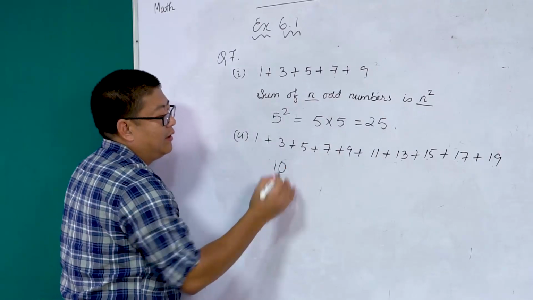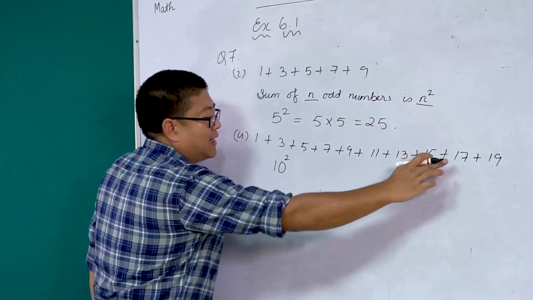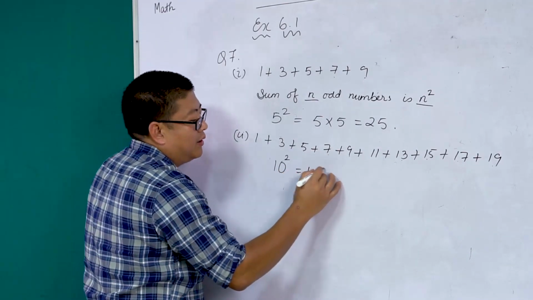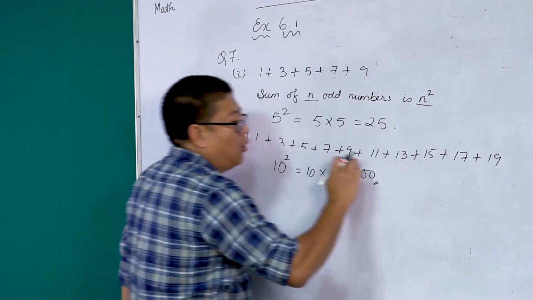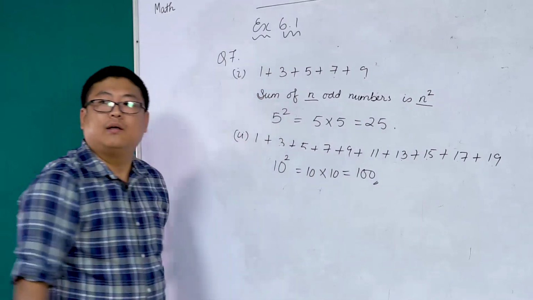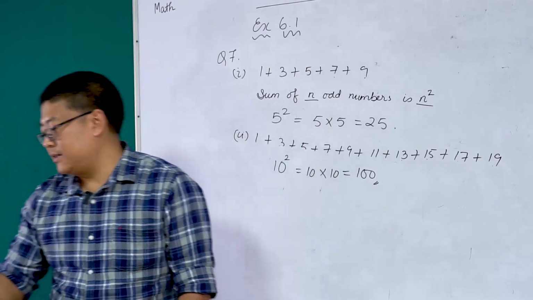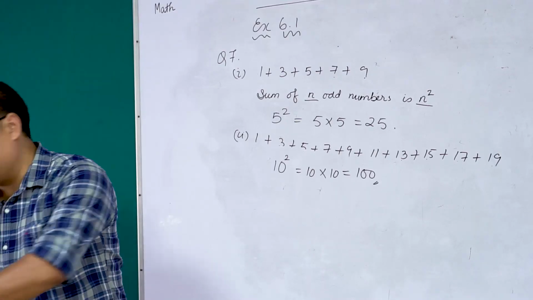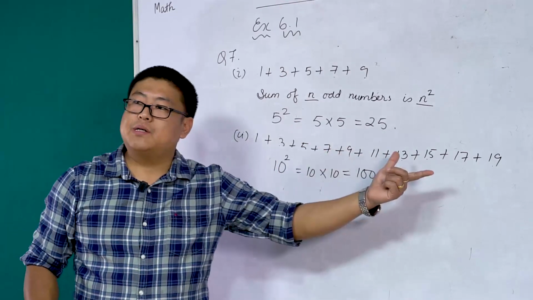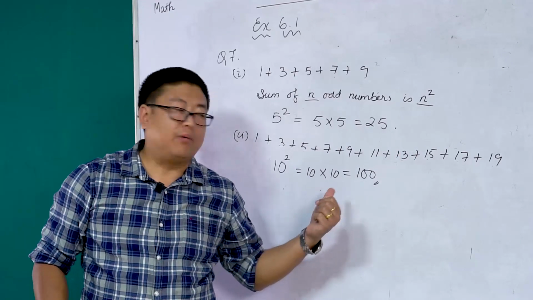There are 10 odd numbers, so to find this sum, make it a square. 10 into 10, you get 100. That means if you add all these together, you get 100. I hope you are understanding this. The next question, I will leave it to you. Same thing: count the number of odd numbers and make a square of that number, and you will get the answer.